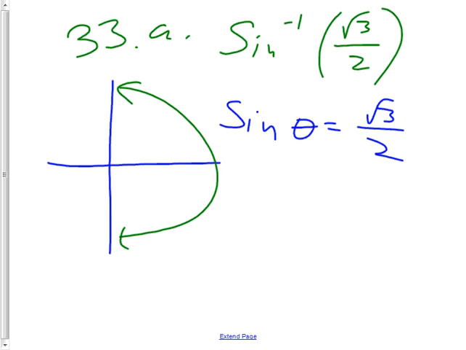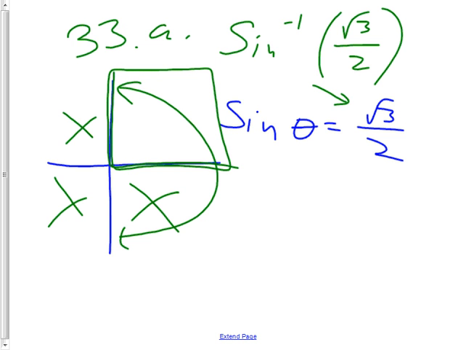If I'm only allowed between here and here, and I know sine's positive, because there's no negative sign, then I must be in there, and I can't be anywhere else. There, I got it narrowed down. It must be a triangle right in there. And now I can label my sides, figure out what the other side is. From there, it should be easy for you. I'm just trying to figure out what angle that is. So it's a 30, 60, 90, so hopefully you can finish the deal and get that.